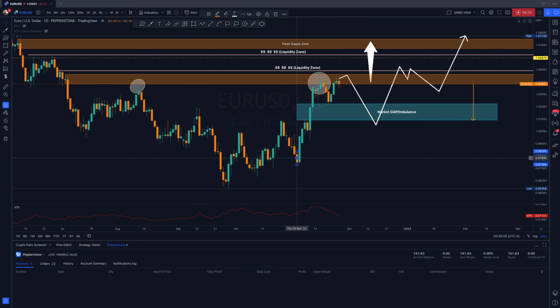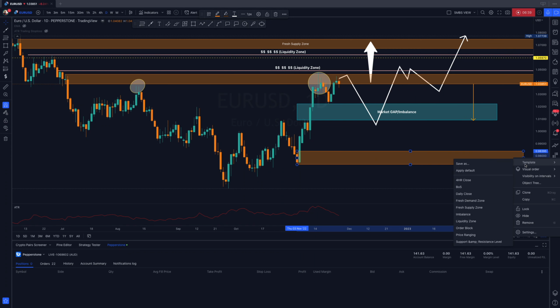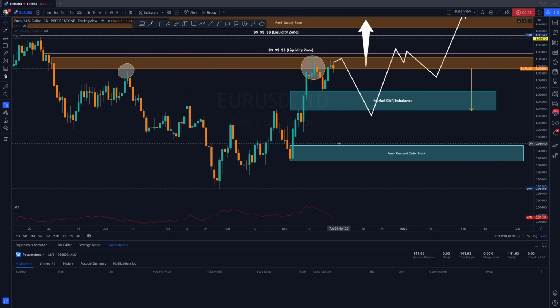This is another demand zone, because this was the last candle for the sell before price started going up using the one big candle. So this is a demand zone. So notice these demand zones, because the demand zone, market imbalance, and the liquidity areas, this is where the money is for Euro USD for next week.